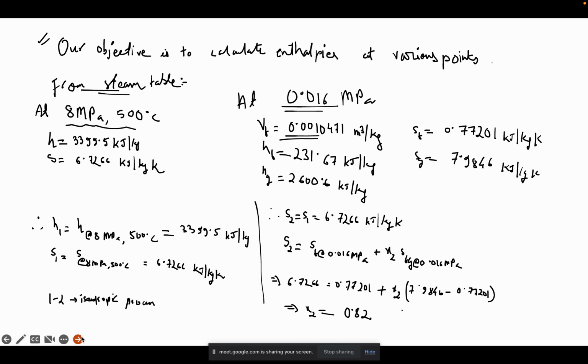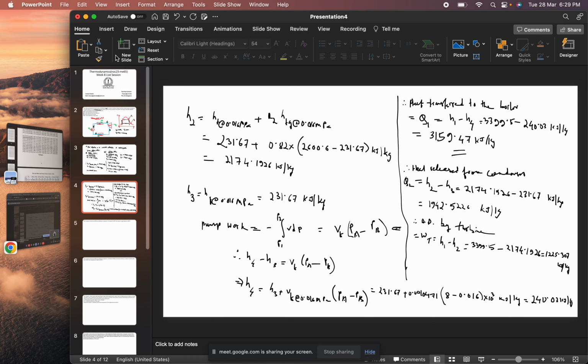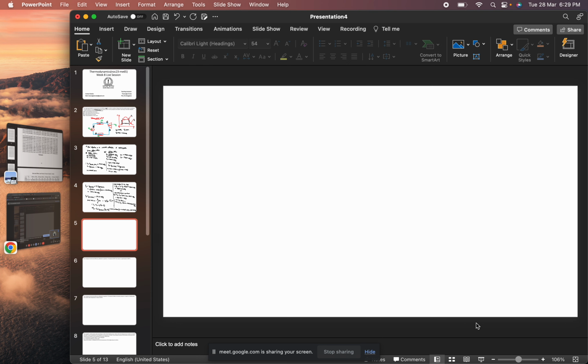Now finally you have to calculate the thermal efficiency. Efficiency is nothing but output by input. Your output is net work, and your input is Q1, the heat input.